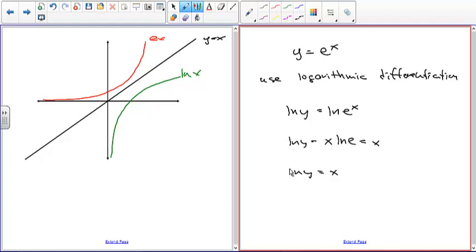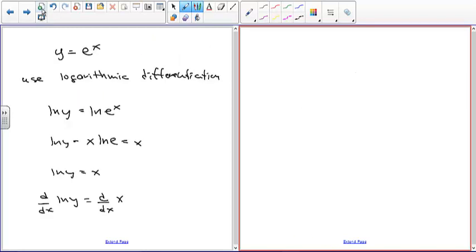Then logarithmic differentiation says that you take the derivative of both sides with respect to x. Because this is a y variable and this is an x variable, we have to use implicit differentiation. So what I get on the left-hand side is 1 over y times y prime.